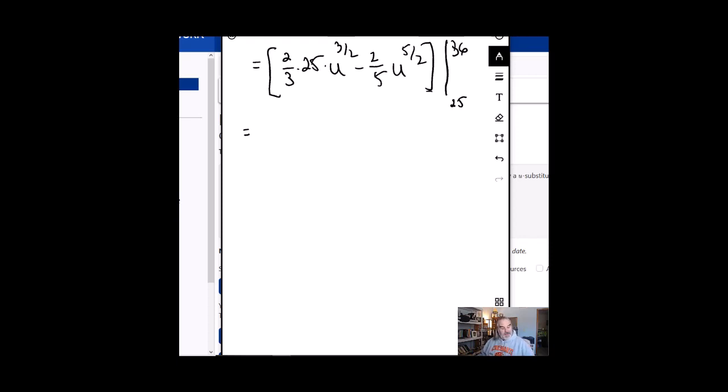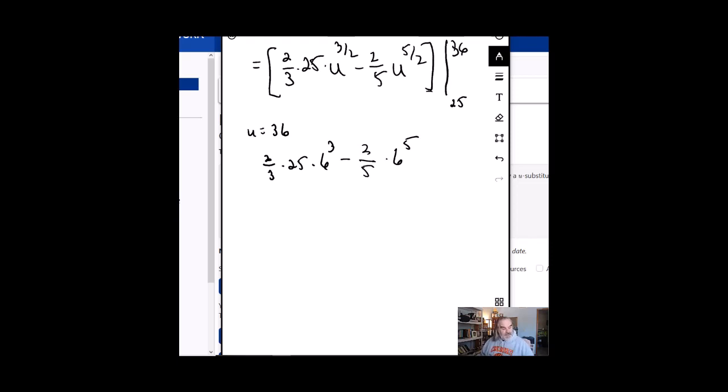So in fact, what I'm going to do here is gather this information separately. I'm going to plug in u equals 36 to this mess, and I'm going to get 2/3 times 25 times the square root of u cubed. So when I'm plugging in 36, square root of u is 6, 6 cubed, then minus 2/5 times the square root of u to the 5th. That'll be 6 to the 5th.